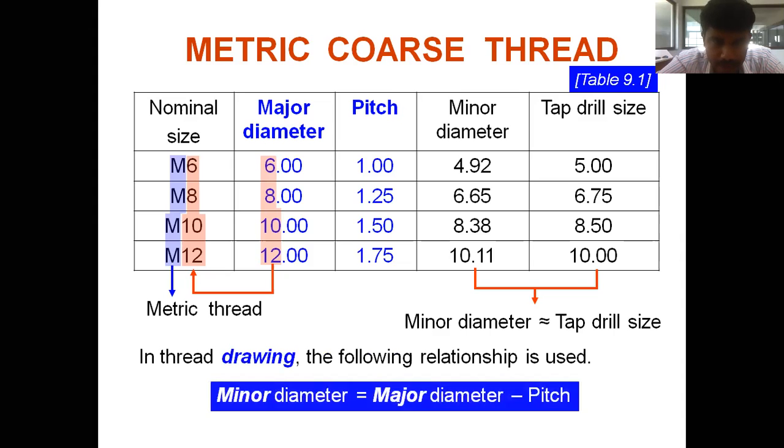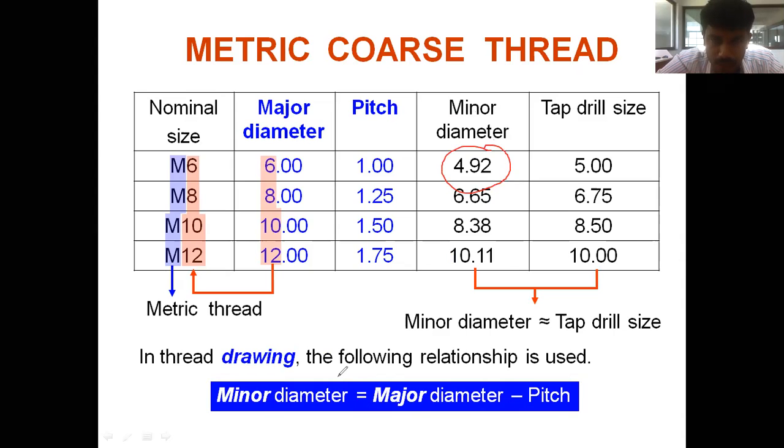In thread drawings, the following relationship is used. How can the minor diameter be taken? The minor diameter is equal to the major diameter minus pitch. If you take an example, here the minor diameter is around 5.